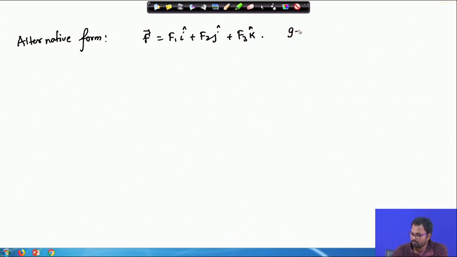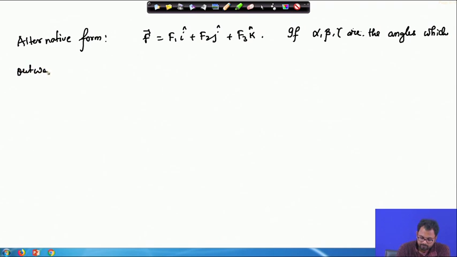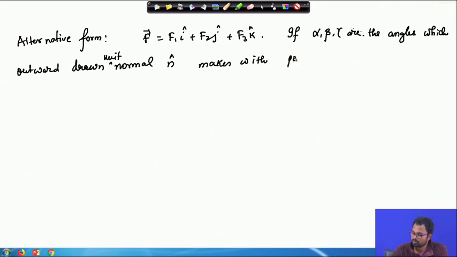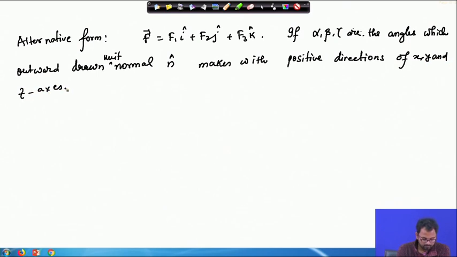and if alpha, beta and gamma are the angles which the outward drawn unit normal n makes with the positive directions of the x, y and z axes, then obviously, we know that cos alpha, cos beta and cos gamma are the direction cosines.